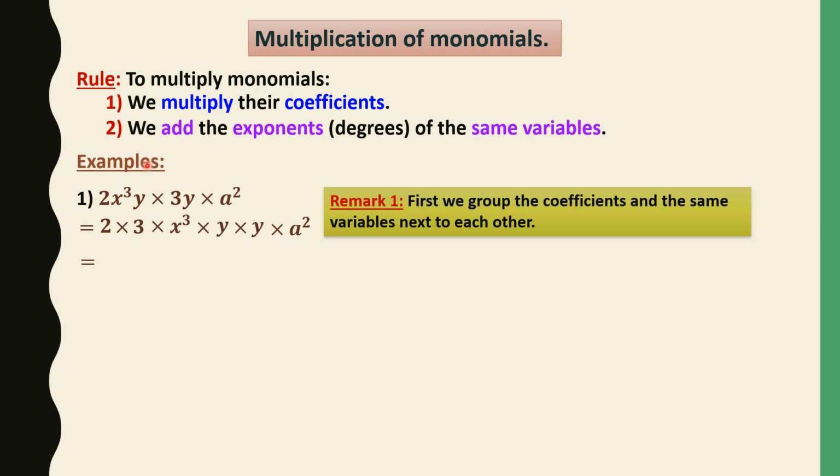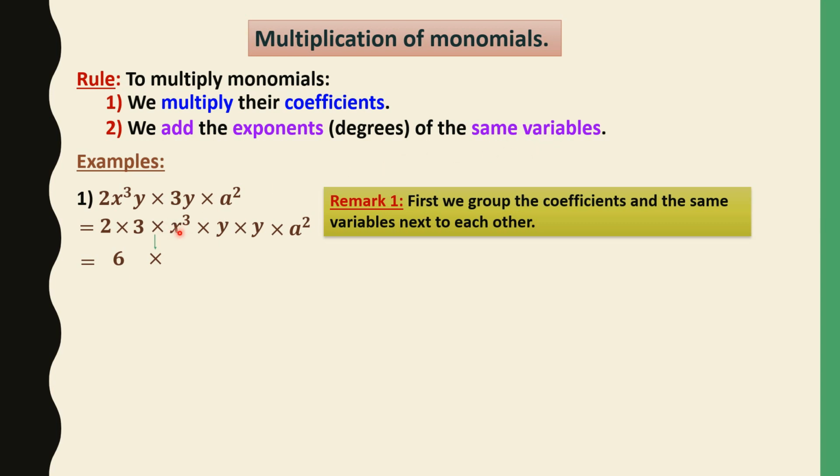Now next step, we multiply their coefficients. After grouping the coefficients next to each other, now we multiply them. So we multiply 2 times 3, it's 6. Now the times we copy it. Now we add the exponents or degrees of the same variables.